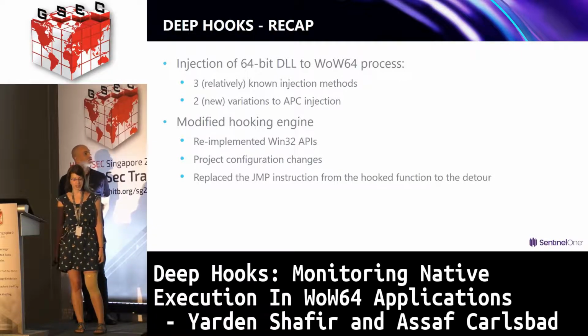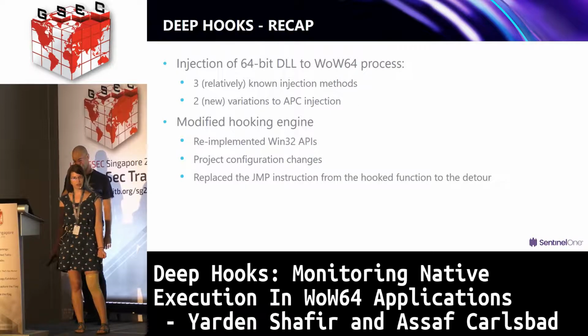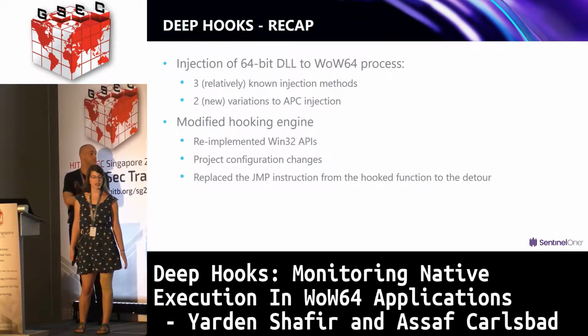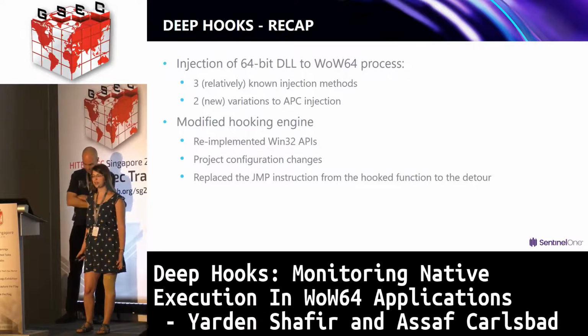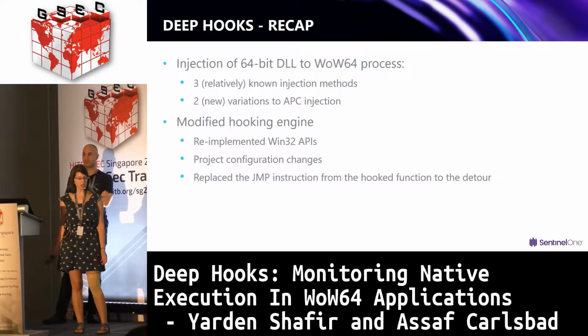We took an existing one, in our case minhook, and modified it to allow it to work inside of WoW64 processes. First we had to strip it of dependencies other than native ntdll, and then we had to replace the jump instruction normally used by hooking engines with, in our case, a push-ret solution to allow it to work on all Windows versions.